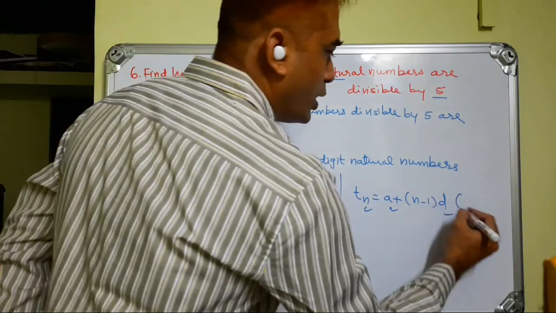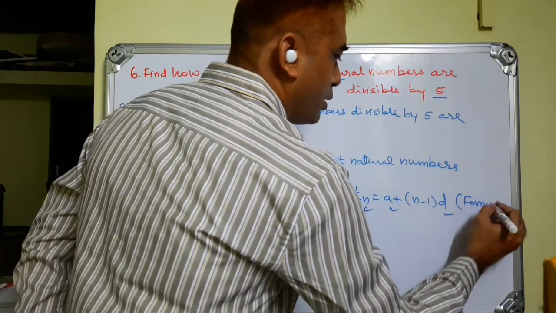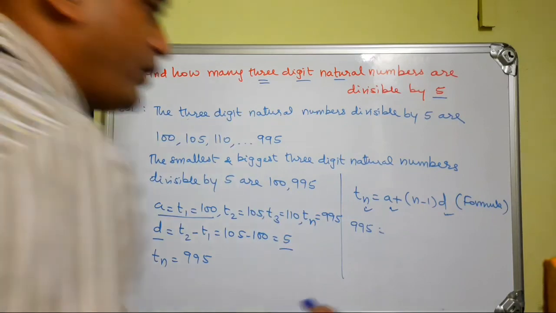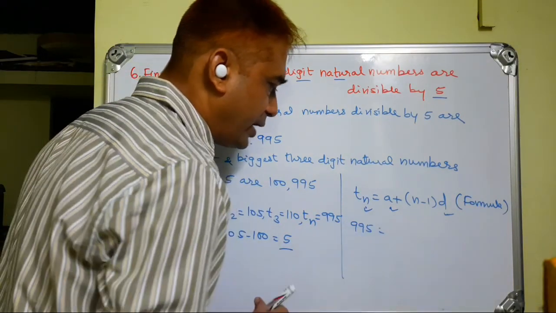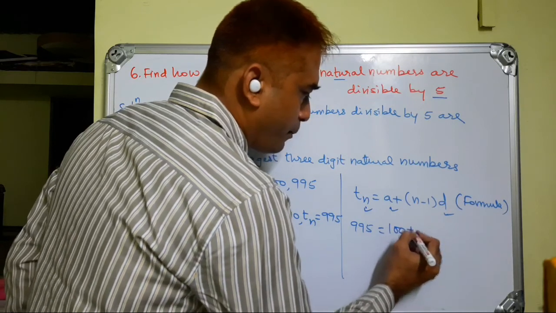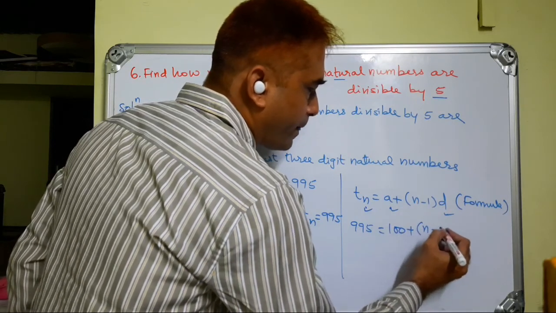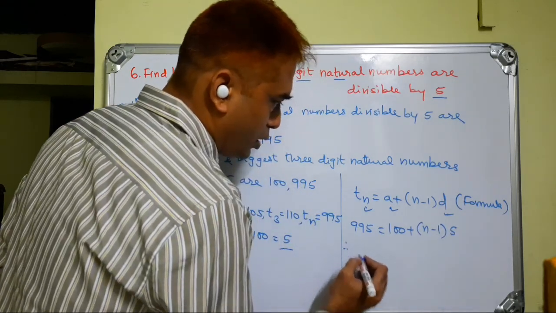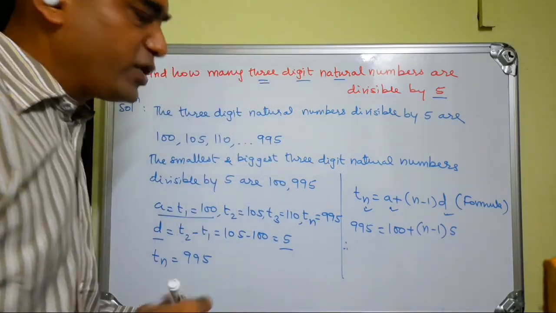So this is the formula. Now Tn, the nth term, we will substitute the values. Tn is 995, the first term A is 100, plus n we have to find, and D is 5. Now we will solve this equation.